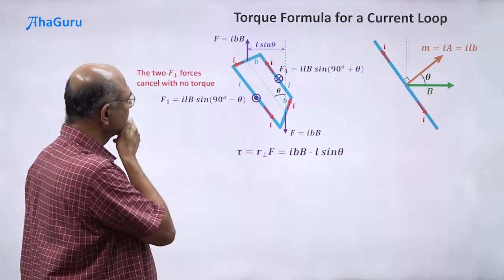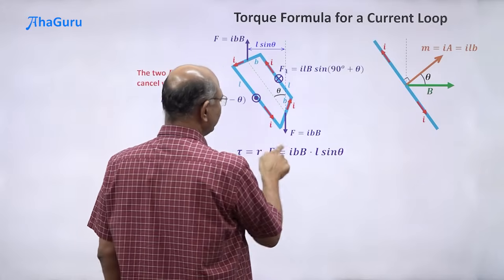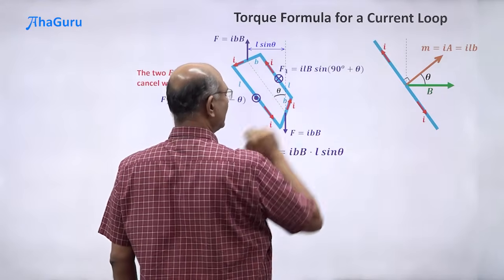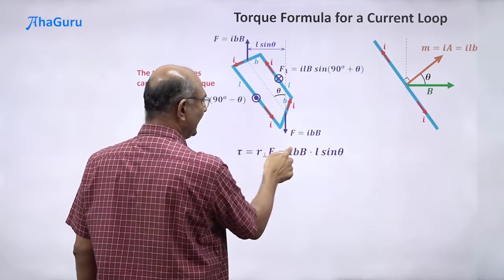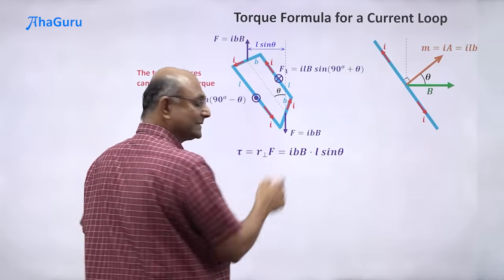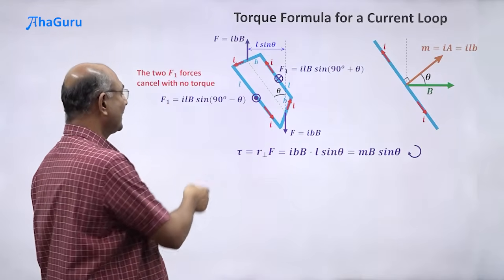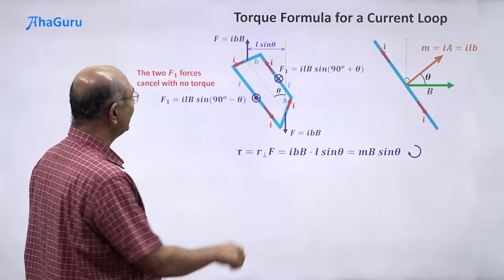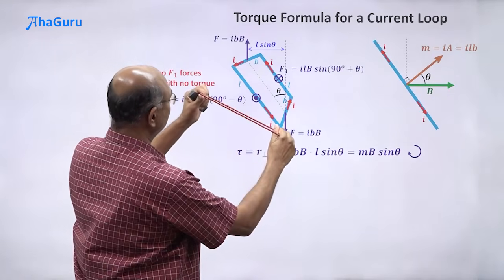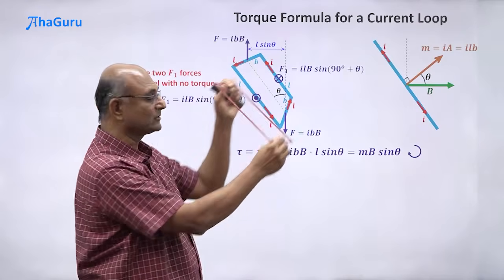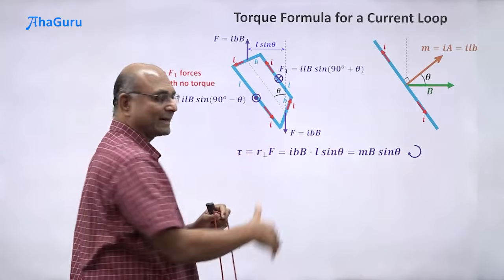Okay? But b into L is area. I L b is m, I L b is m. So M B sin theta, I've got M B sin theta. So I can write the torque is M B sin theta, and you know that the forces are going to make it turn this way, right? The torque is going to make it turn this way. So I've marked it like that.